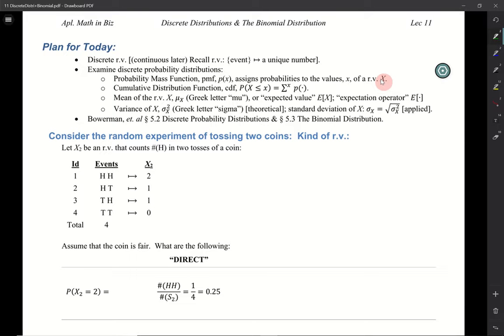First we have randomness and we have events, like heads or tails or two heads, two tails, whatever events. And then we come along and assign a random variable to those, like count the number of heads. If you roll 2 dice, count the sum of the faces. 1 plus 3 is 4. Then, only then, after we have the random variable, do we connect a probability distribution to that random variable.